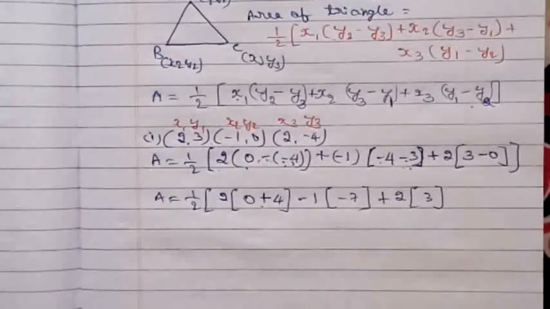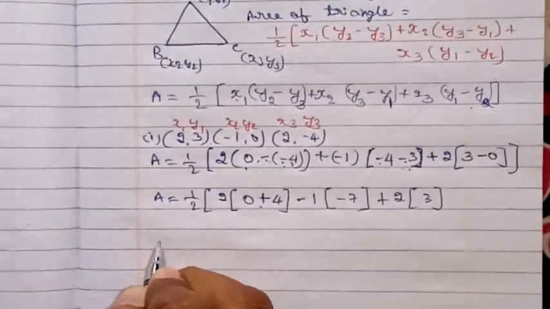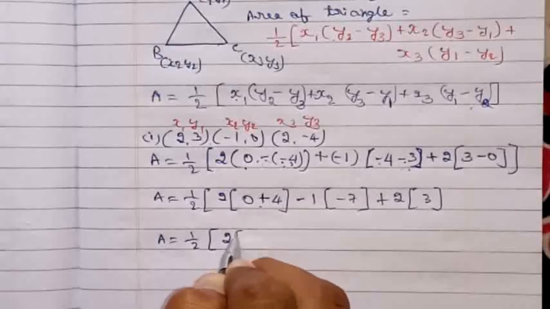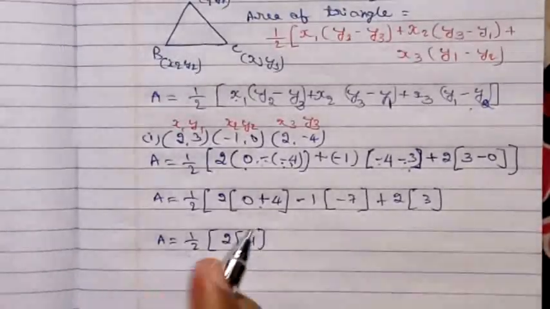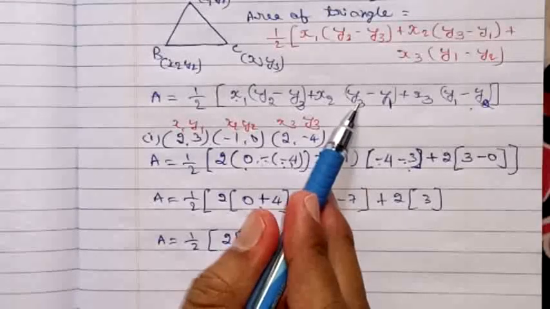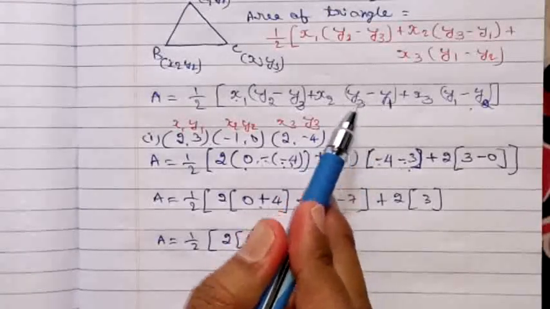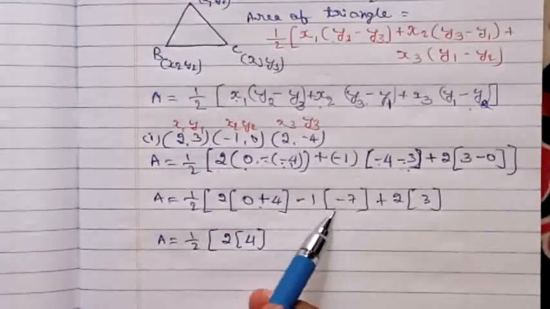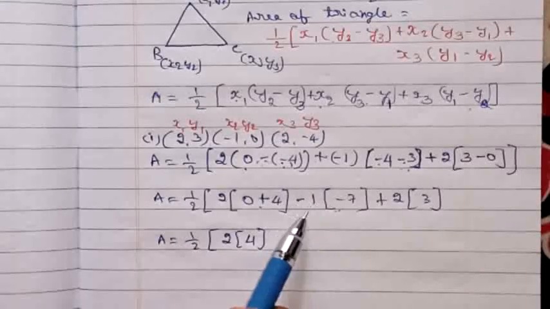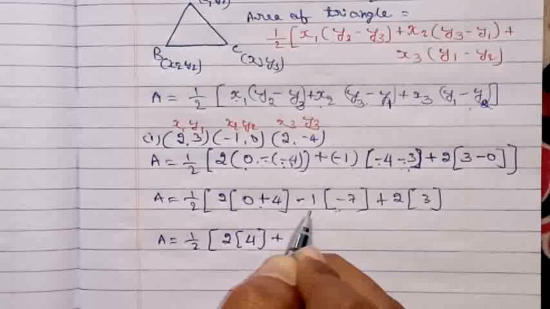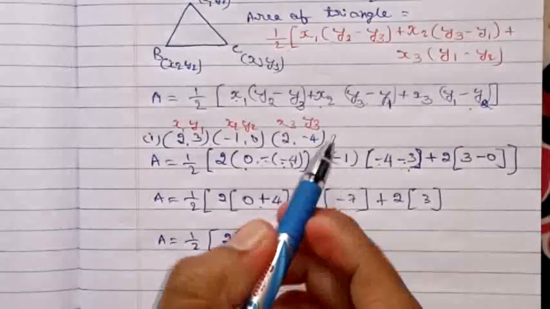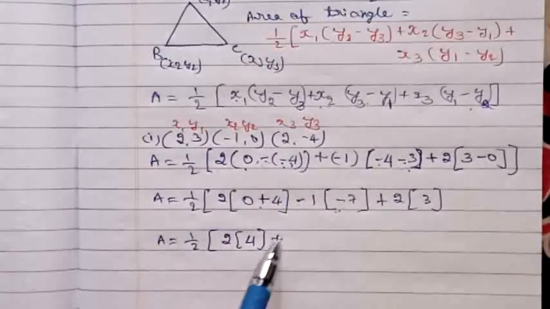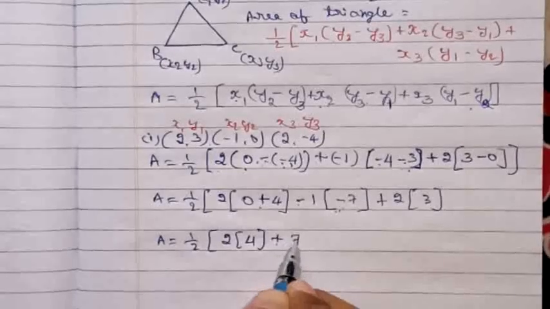Now A is equal to half into, 2 remains the same, 0 plus 4 is 4. Here, as I said, you have opened the bracket, that is, you have subtracted y1 from y3. Now multiply it with x2. You need to multiply, children, you're not supposed to add, because you're supposed to multiply with x2. So minus into minus will be plus, 1 times 7 is 7.